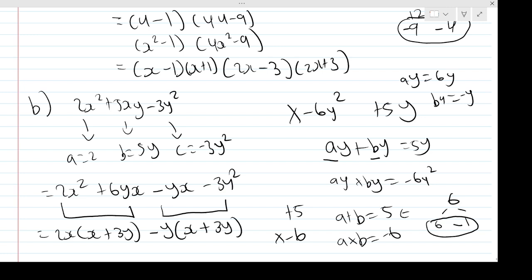So 3y times minus y would be minus 3y squared. Now I can bring this all together. x plus 3y is common, so I can bring that out as a common factor. And then we're left with 2x minus y. Let me write that a bit clearer. And that is fully factorized. We can't do anything more with that.